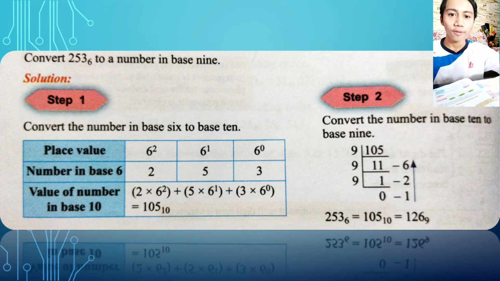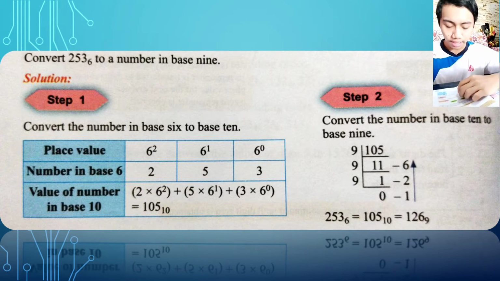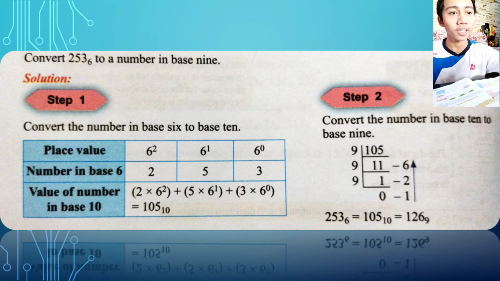So we must do the same thing as the previous, which is we must determine the place value, which is it is using base 6. So all the number will be 6 and their power is in an increasing order from right to the left. Then we must multiply with the number in base 6, which is 253.